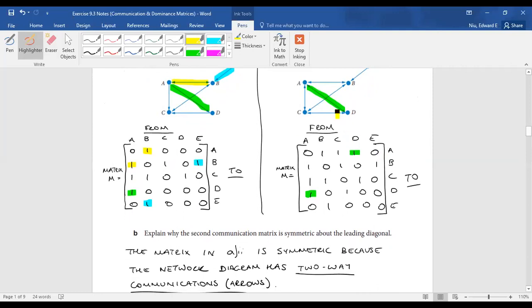So if we were to fold this matrix along this diagonal, you're going to have an exact replica. So these 2 1s here are symmetrical with those 2 1s. These 2 1s here are symmetrical with these 2 1s, so on and so forth. And so if you could just visually imagine us folding these 2 corners together along this diagonal, we get a symmetrical matrix. All right, and that's what it's talking about.